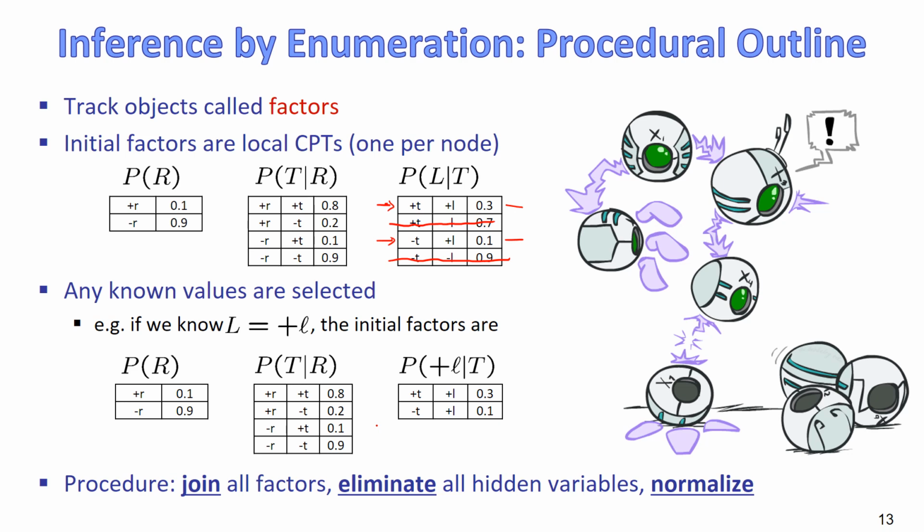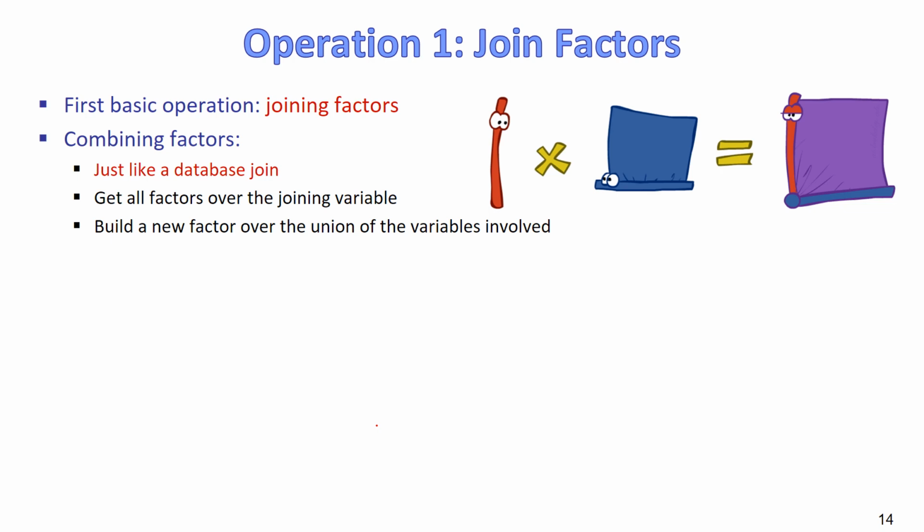Join until we get all the hidden variables, then eliminate one by one to shrink the table and get what we want eventually by normalization. Let's see how we do that. The main building blocks in doing that are two operations, only two operations: join and eliminate. Okay, so we'll start with the join. What do you mean by joining factors?